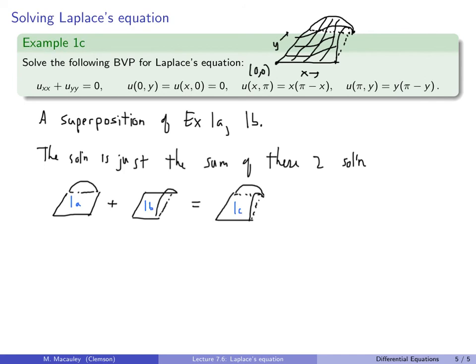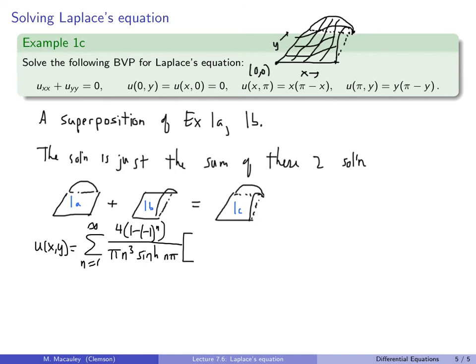So let's add our functions together. So u of x, y. So both of them have this sum from n equals 1 to infinity. They both have this pi n cubed sinh of n pi on the bottom, and they both have this 4 times 1 minus negative 1 to the n on top. And then what else is in there?